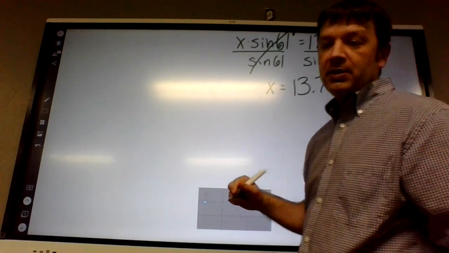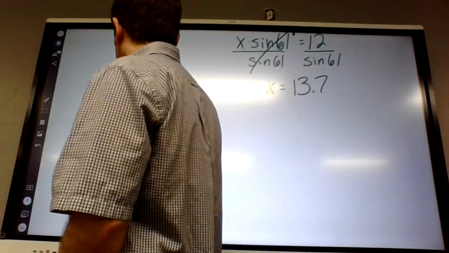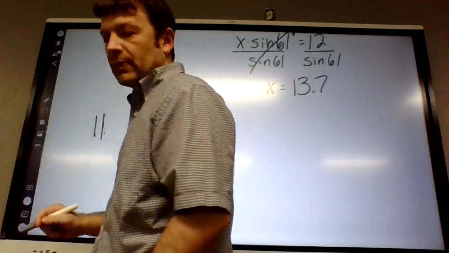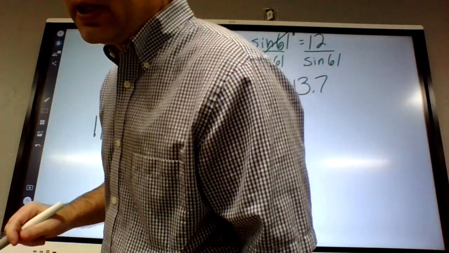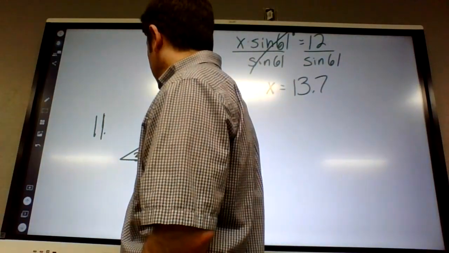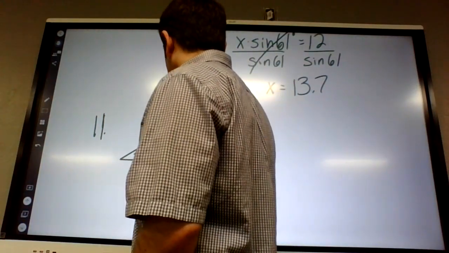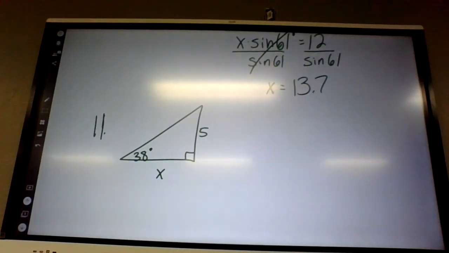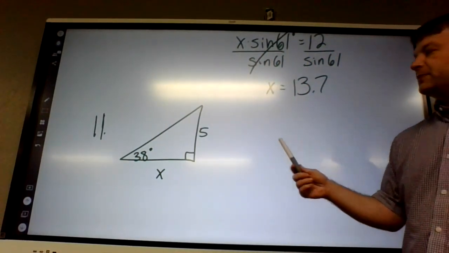Okay, number 11. So we got a 38 and a 5. Opposite over adjacent? Yes. Which trig function do we need?